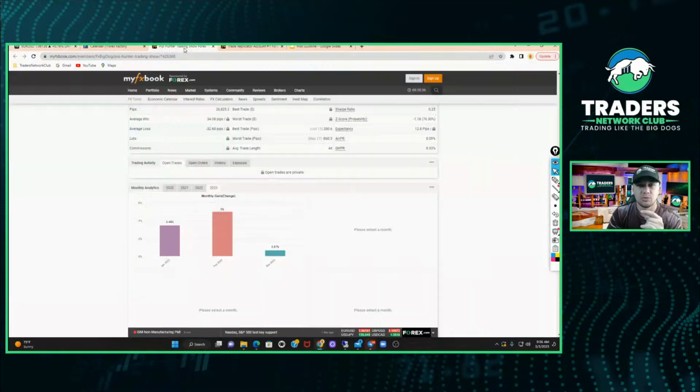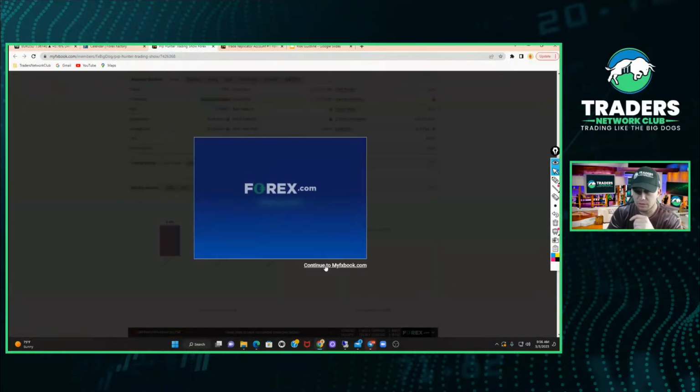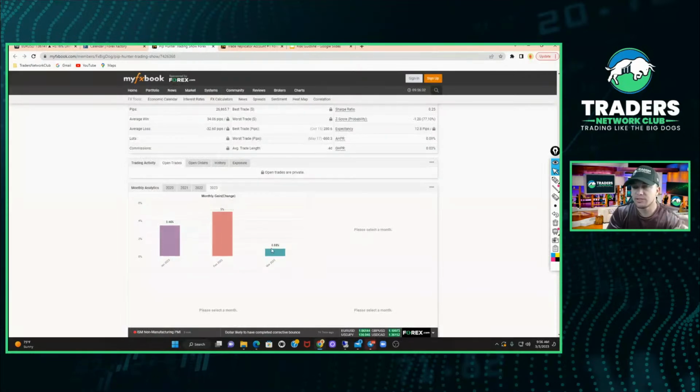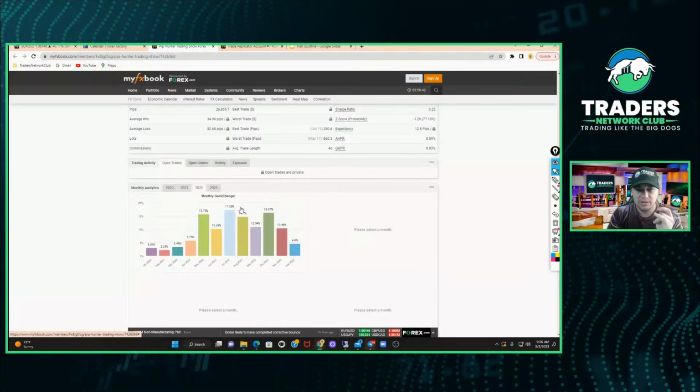Here's our returns as well for the VIP show. Most of the VIP members know that we have reduced our risk this year as we're still holding some positions. So as you can see, we've kind of been moving up here on our returns. Last month, we just closed 5%. But we've reduced our risk. As you can see in 2022, we were hitting some very high returns here.